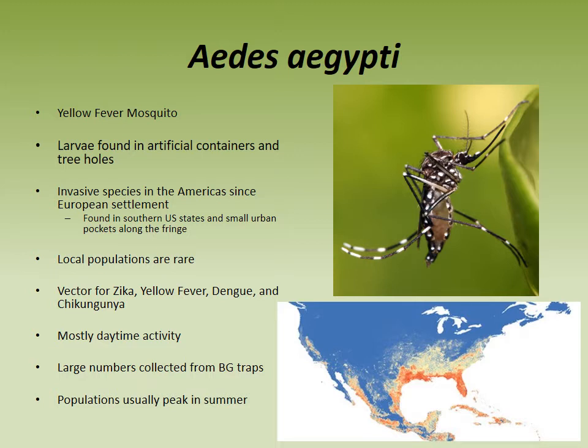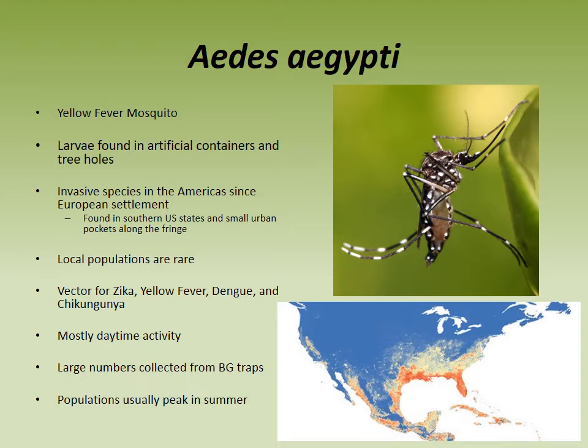These mosquitoes are vectors for Zika, yellow fever, dengue, and chikungunya. These are actually better vectors for these diseases than albopictus, which we had talked about previously. And the reason being, better vectors for human beings, because these Aedes aegypti tend to feed on humans more often than albopictus.